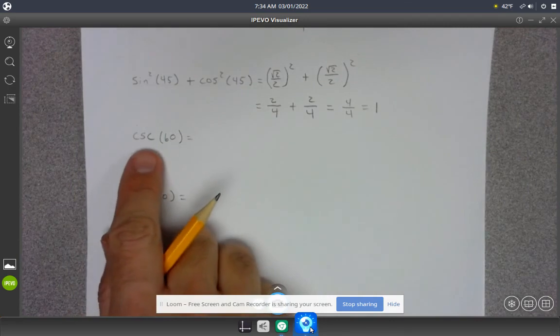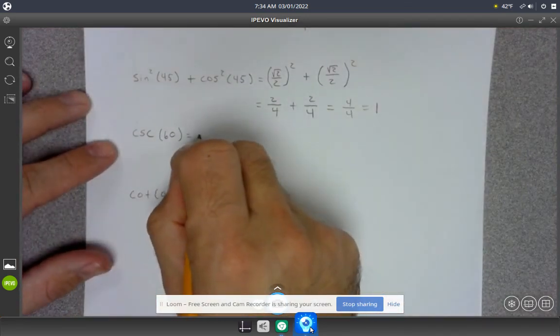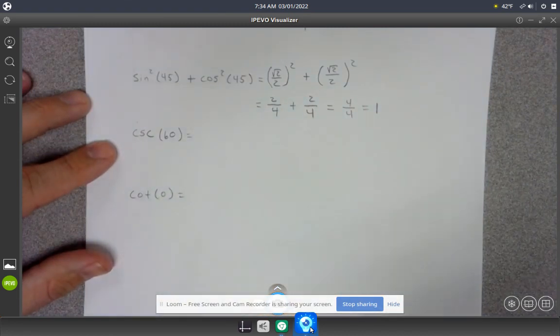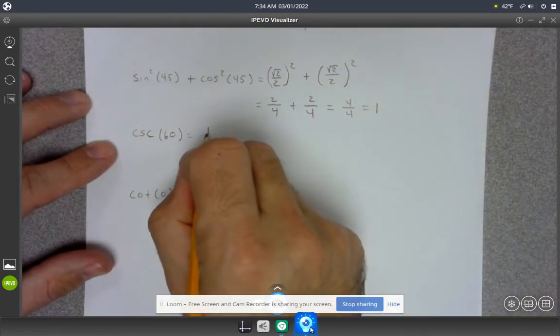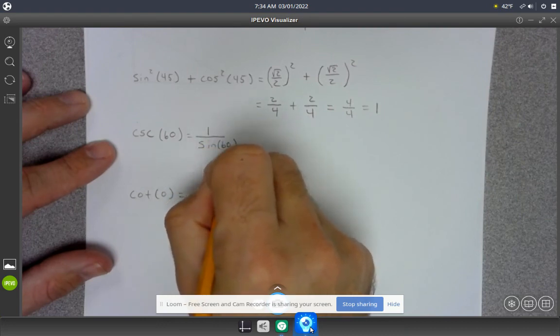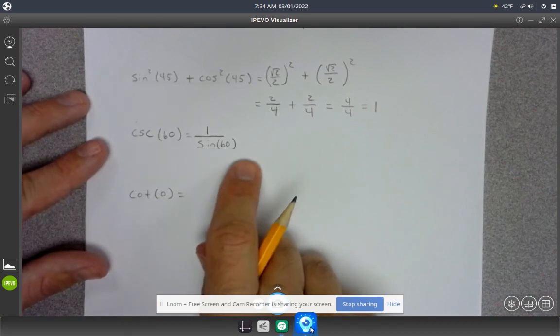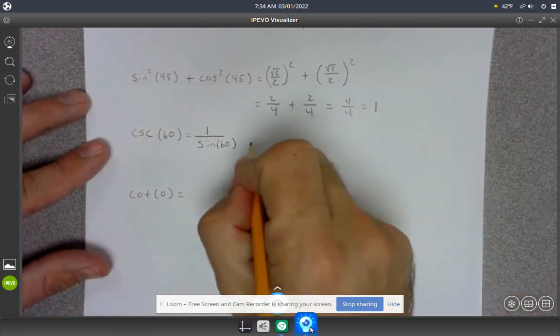All right, cosecant of 60. So to answer cosecant questions, you need to convert it to sine. So this is going to be 1 over the sine of 60. Basically, you're going to find the answer for sine of 60, but then flip that answer.